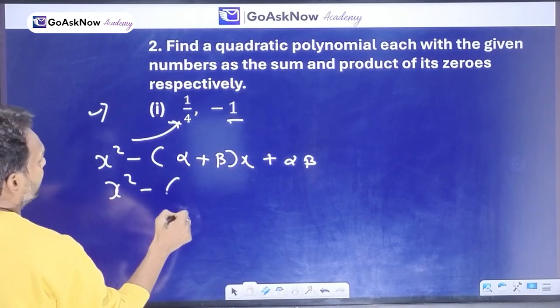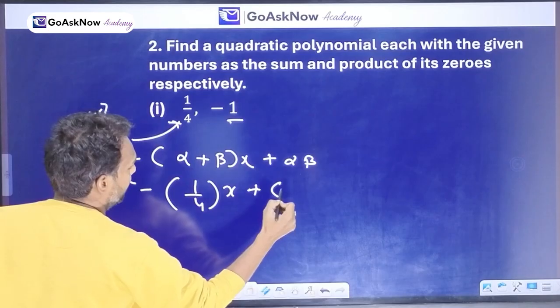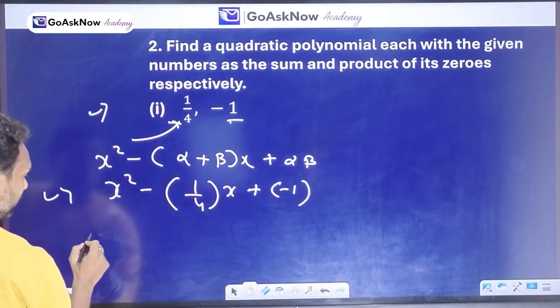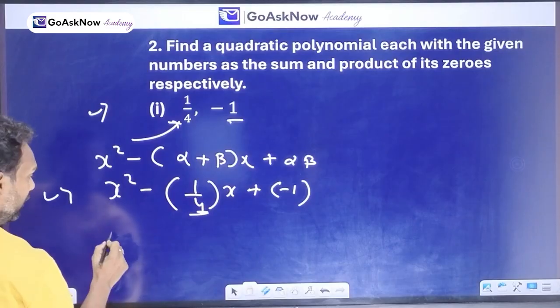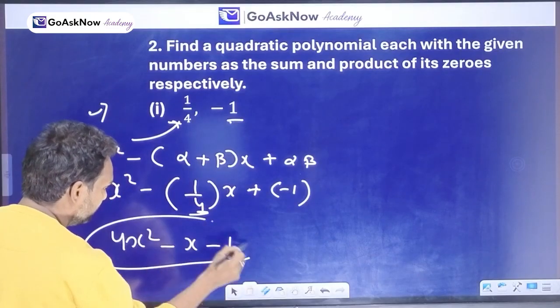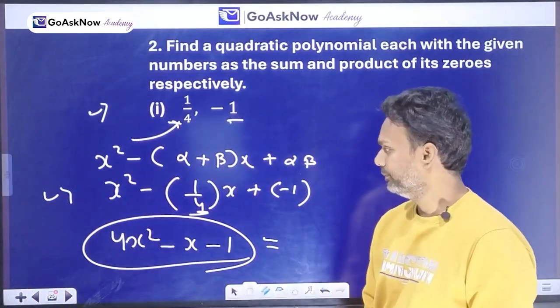X square minus 1 by 4 x minus 1. Now, multiplying this whole by 4 just to remove the denominator, 4x square minus x minus 4. This is the required quadratic equation.